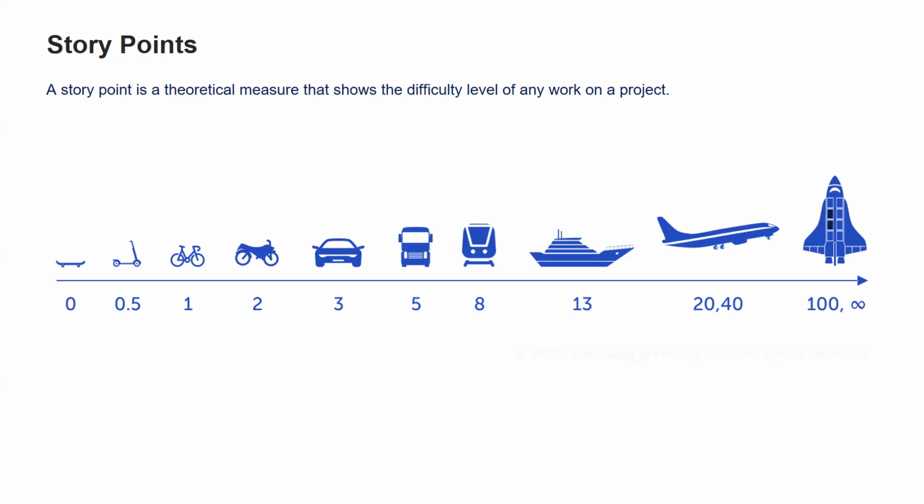I'm not saying it's easy to ride a scooter or a roller skate. It's not easy, but the amount of complexity is a little bit lower, right? When it comes to a bicycle, it's a little bit complex. So the difficulty level is a little bit higher, right? When it comes to a car, it's a little bit higher. When it comes to a plane or a rocket, it's very high. So this amount of story points shows the difficulty level of each and every task.